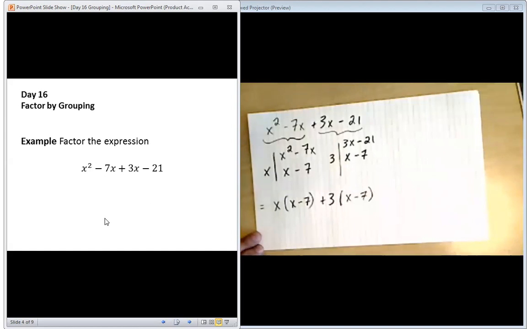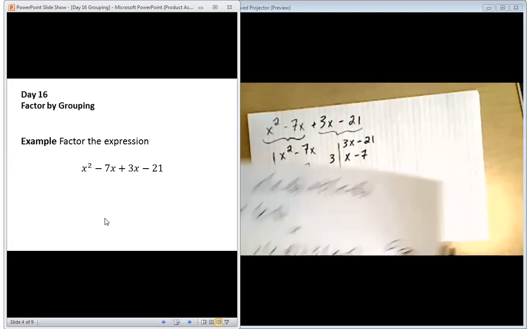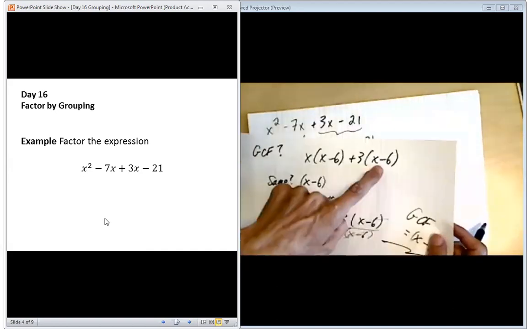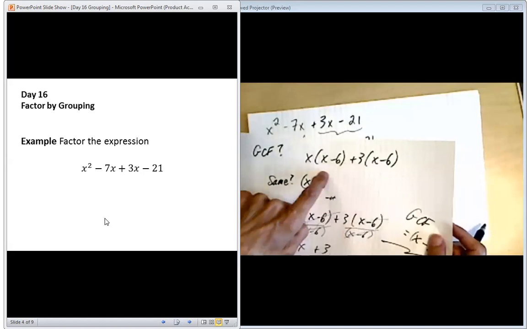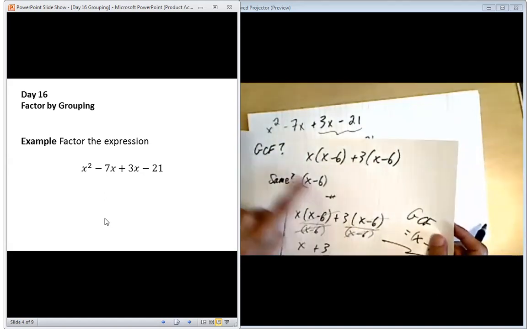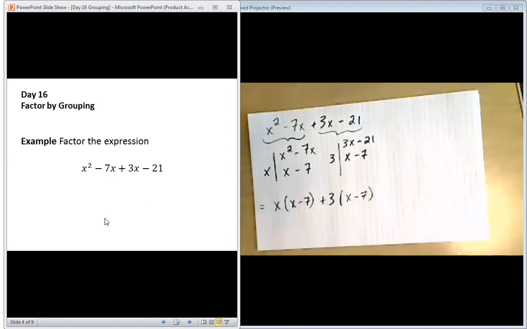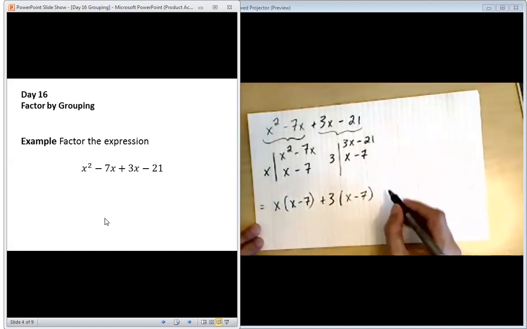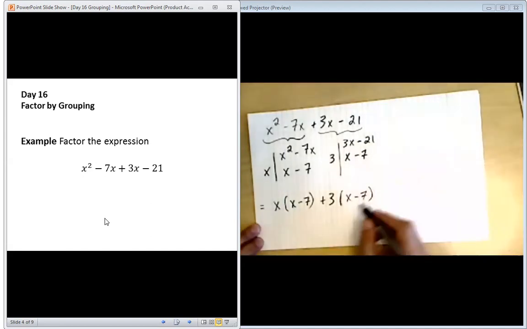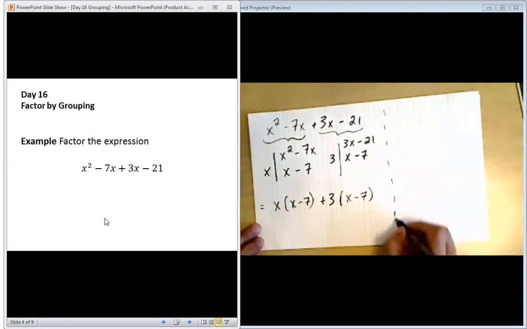Okay, so now what are we looking at? We're looking at the very last type of question we had. See? The GCF is just the things that are in brackets now, right? Okay, so what's the GCF going to be for this situation here? X minus 7. Yeah, Zoom, everybody got it. Zoom got it, class got it.